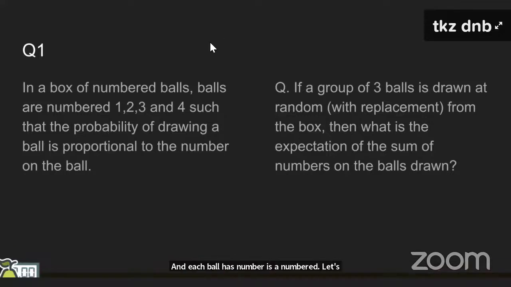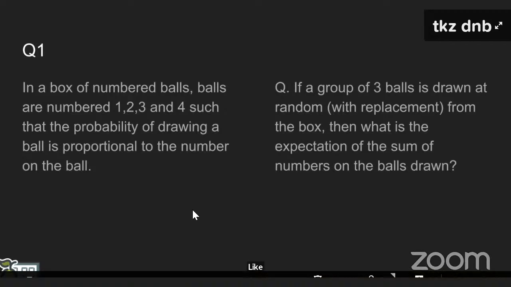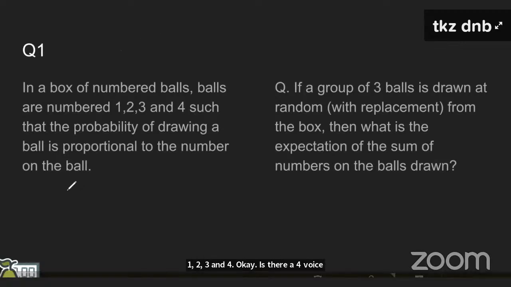As there are 4 balls, the probability of ball, let's say b1, where b1 means the ball numbered 1, is proportional to 1, because they have said the probability of drawing a ball is proportional to the number on the ball.